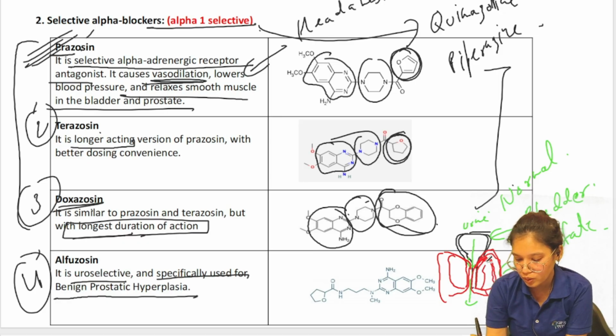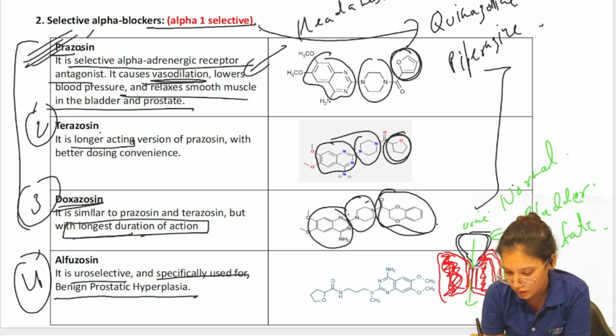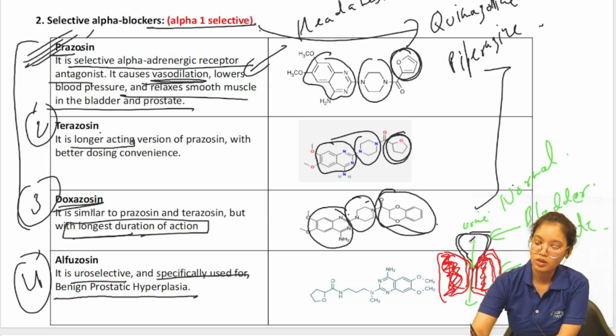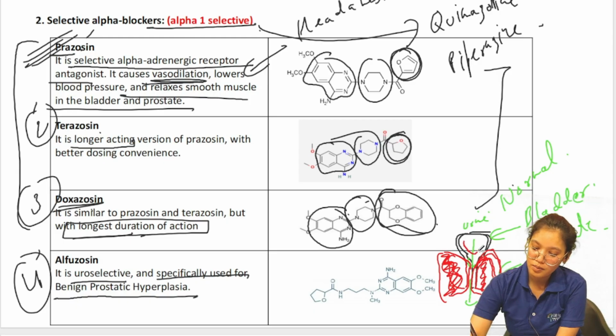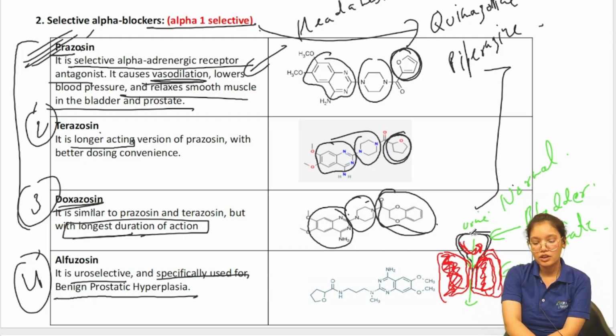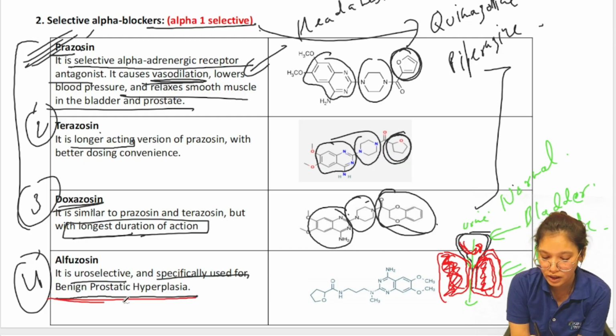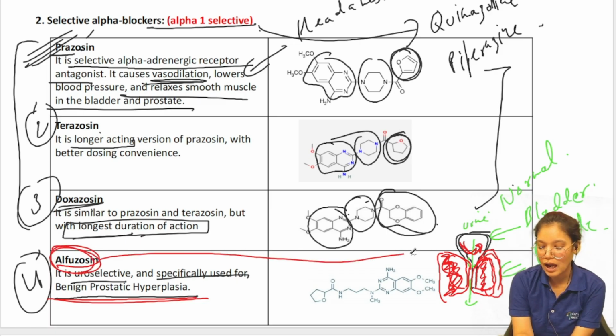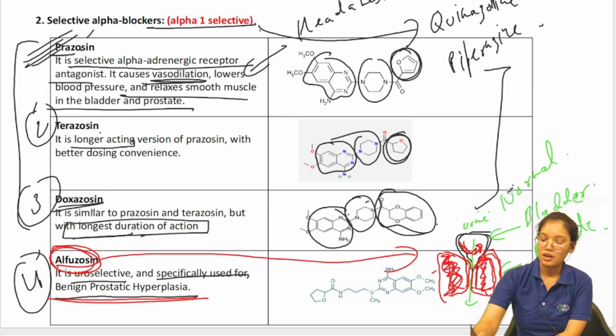Due to this swelling, the urine can't be passed from the bladder, so it remains in the bladder, and it can cause a urinary infection, or the urine will not be able to pass. The urinary flow will be restricted in this particular condition. So alfuzosin can be helpful in this type of condition.